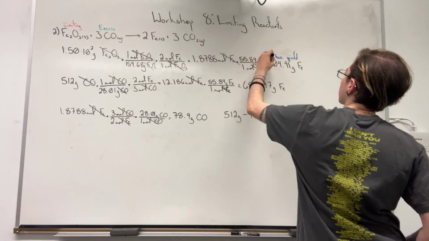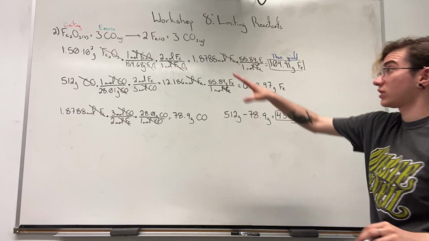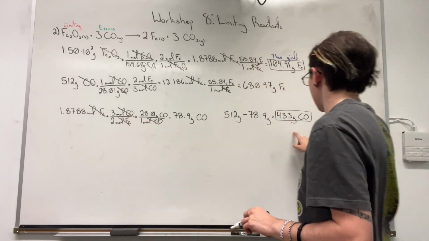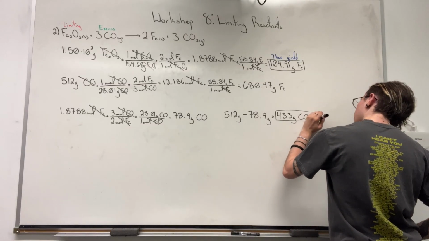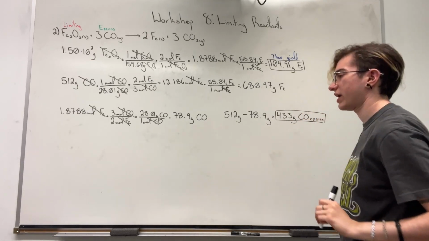I keep not boxing the theoretical yield. Sorry about that. So we know our limiting reagent, our excess reagent, our theoretical yield. From our theoretical yield, we get the amount of carbon monoxide that is left over that is not going to react because we ran out of iron oxide for it to react with.